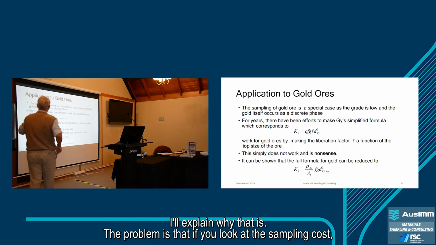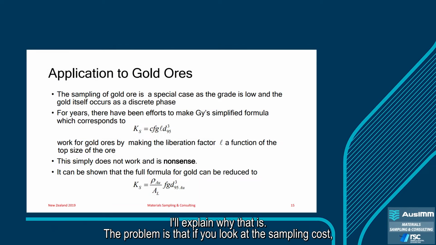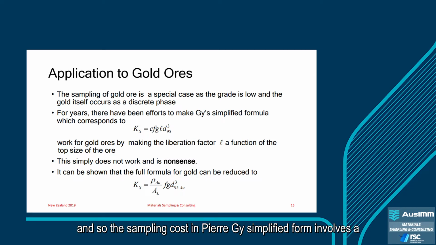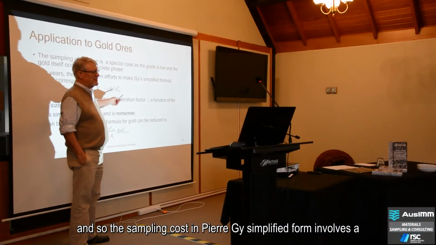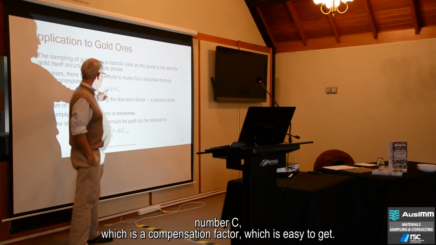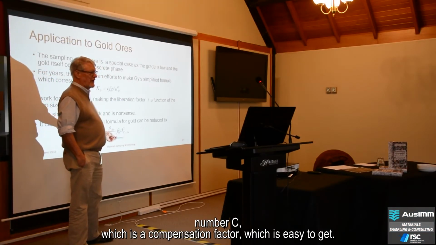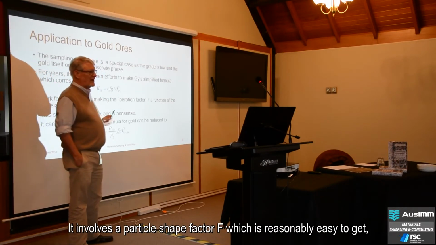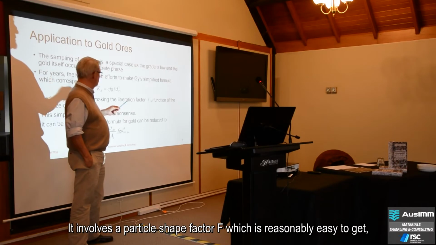And the problem is that if we look at the sampling constant, which is the number that we want to find so that we can determine correct masses and so on, the sampling constant in Pierre Gy's simplified form involves a number C, which is a composition factor, which is easy to get. It involves a particle shape factor, F, which is reasonably easy to get.